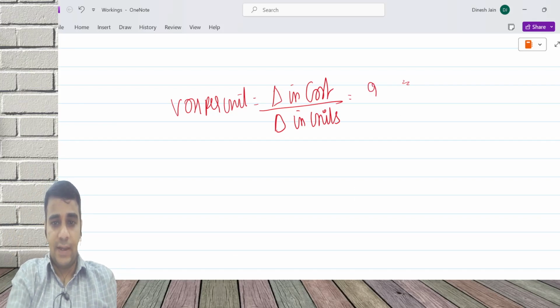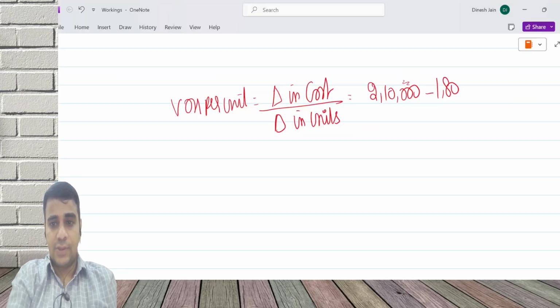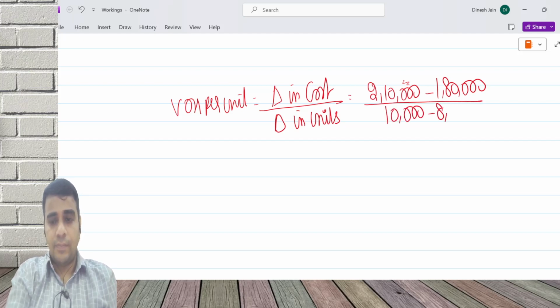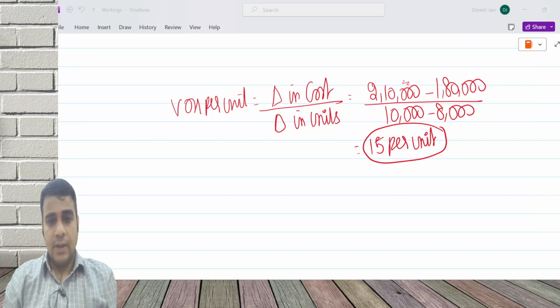Any two levels we can take: 2,10,000 minus 1,80,000 divided by 10,000 minus 8,000, which gives 15 per unit. Variable overhead is 15 rupees per unit.